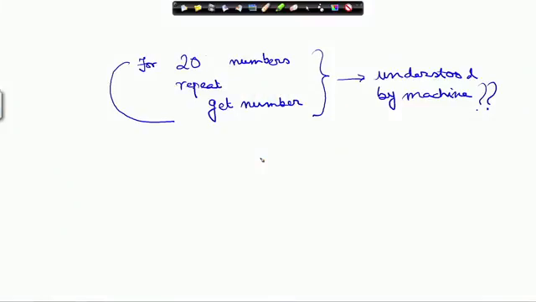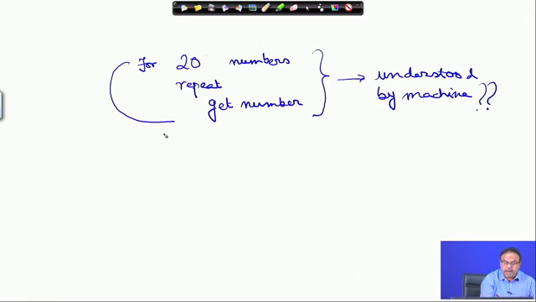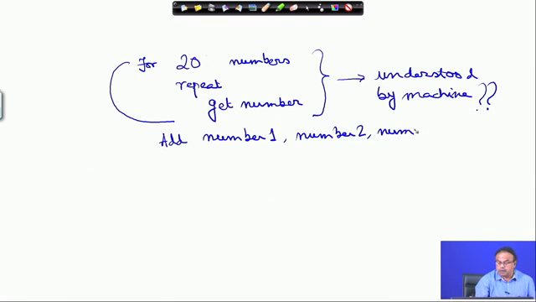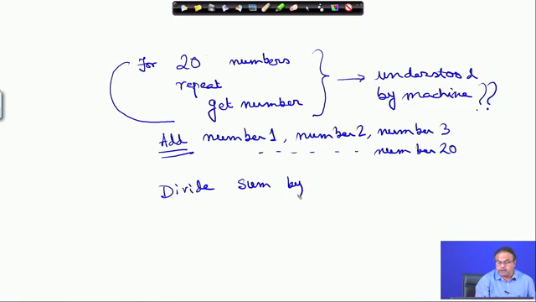Let me try to do that. Now, if I do that, then what would be the next one? I have to add those 20 numbers. So, again I can write here add number 1, number 2, number 3 up to number 20, then divide sum by 20.